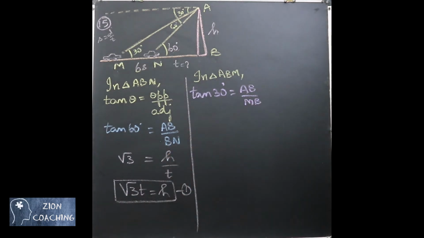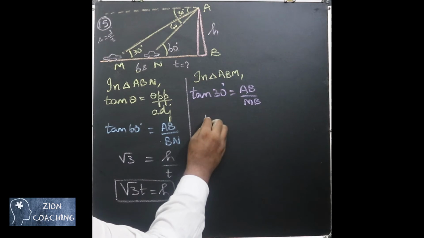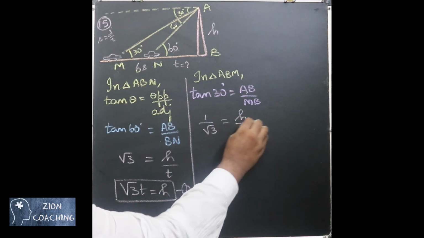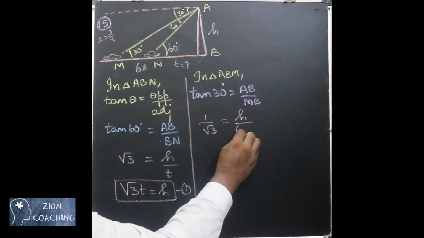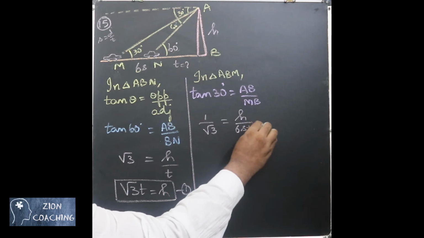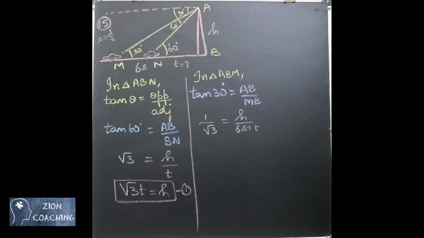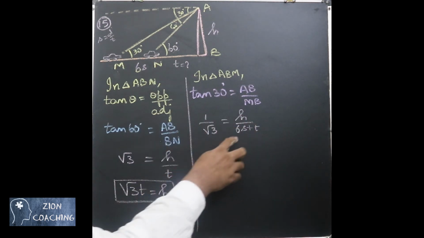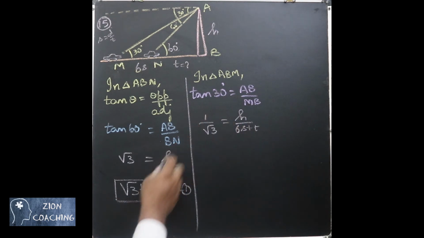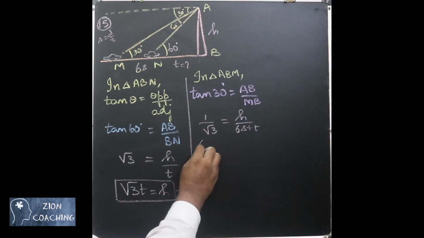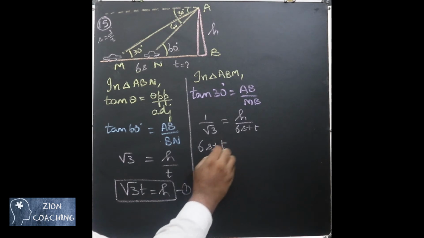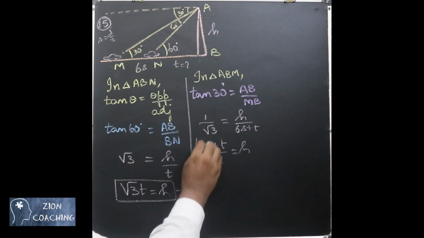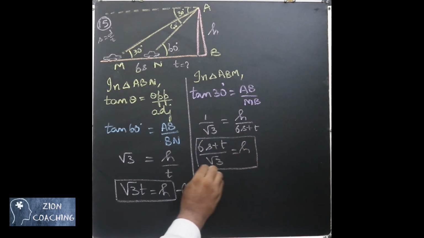Now substituting the values, we will have 1 by root 3 equal to AB, that is h, by MB, which is 6s plus t. We will take this to be t, that is what we have to find out. Now taking this root 3 to that side, we will have 6s plus t by root 3 equal to h. This is your equation 2.